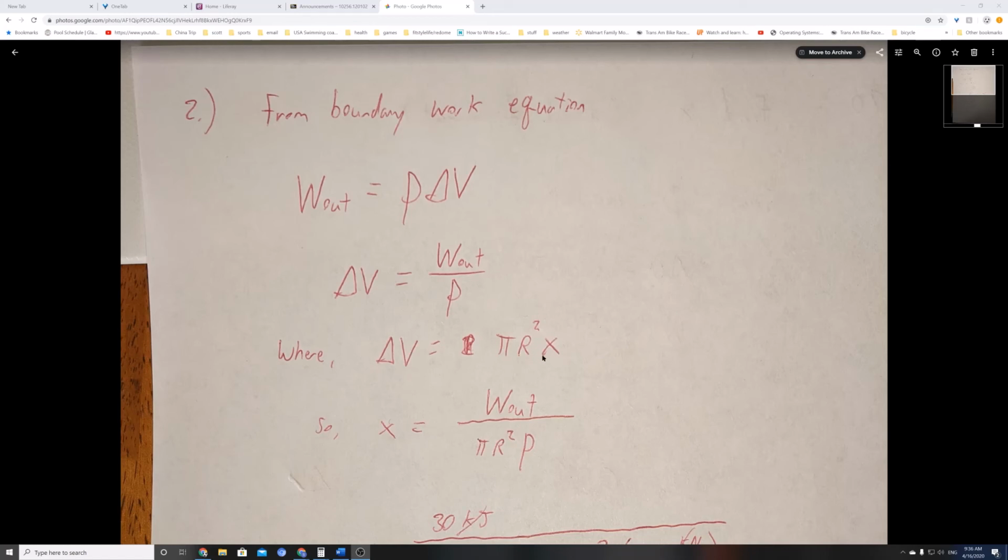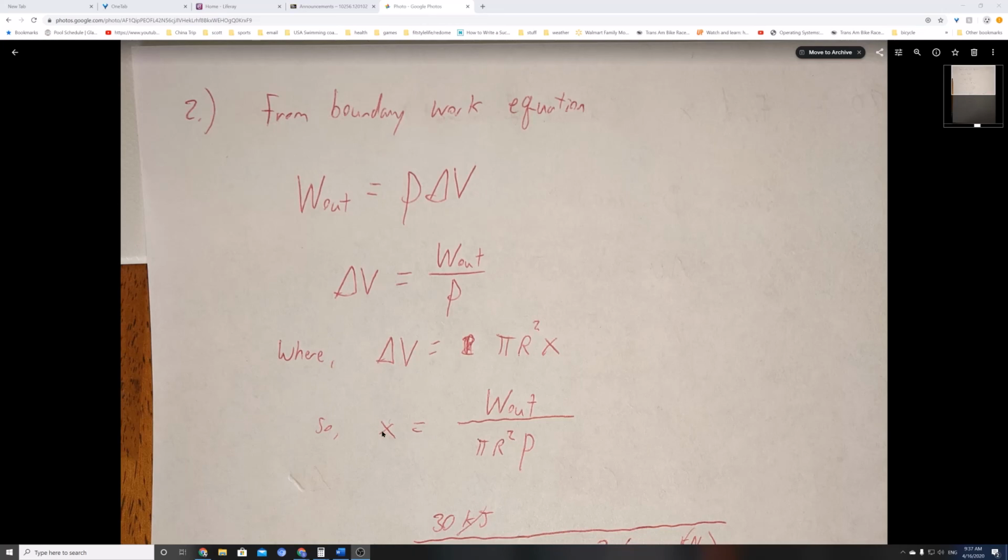I define x as essentially the length of the cylinder. So I substituted in for delta V, put this on the left, and then divided both sides by pi r squared, so it shows up only on the right hand side.